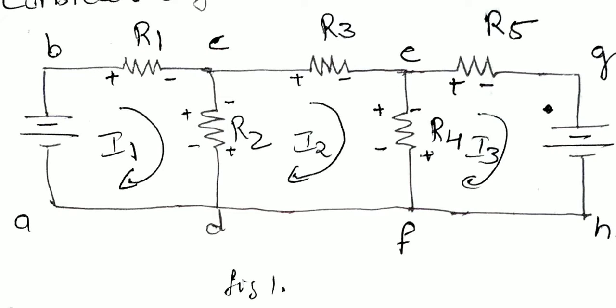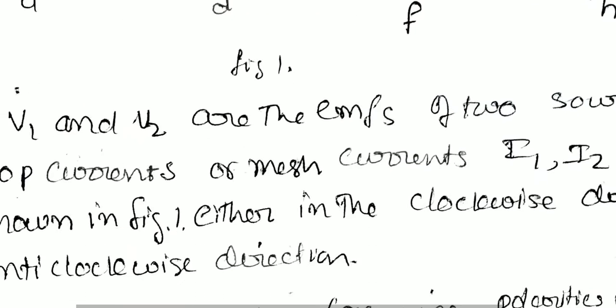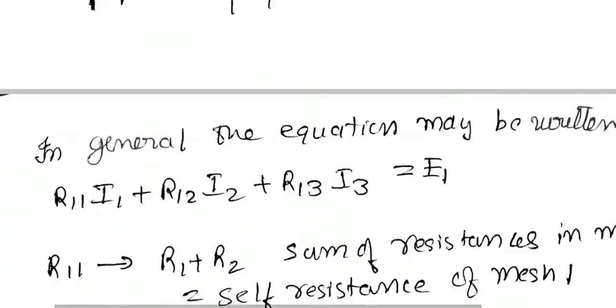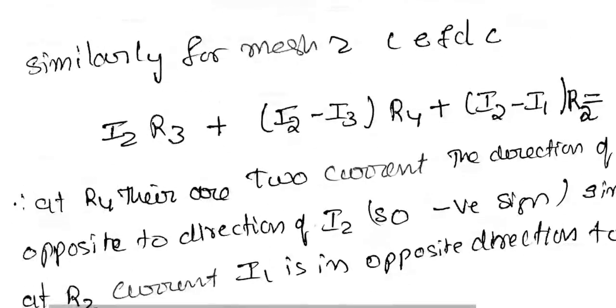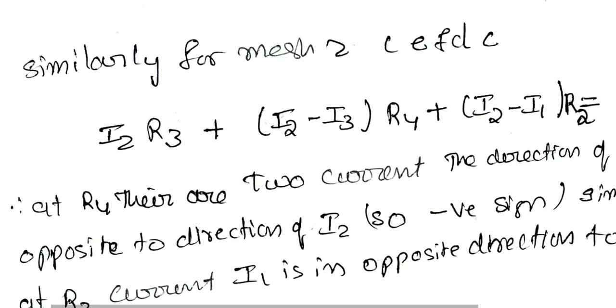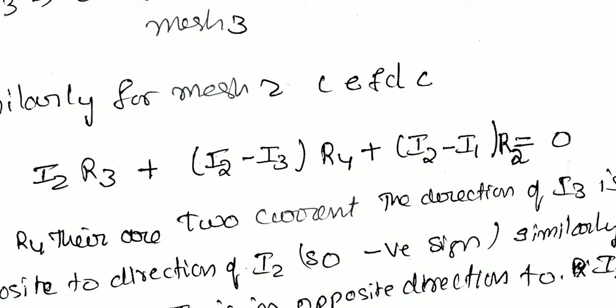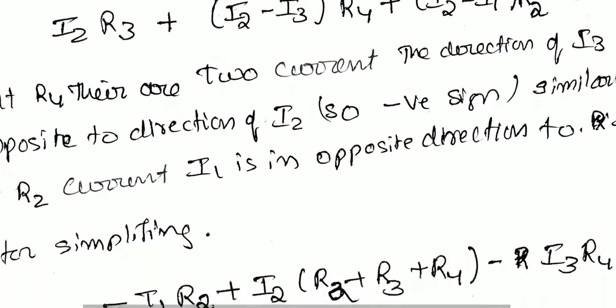Then R2, where the current flowing through R2 is I2 minus I1. So applying KVL to this loop: I2 into R3 plus I2 minus I3 into R4 plus I2 minus I1 into R2 is equal to 0.